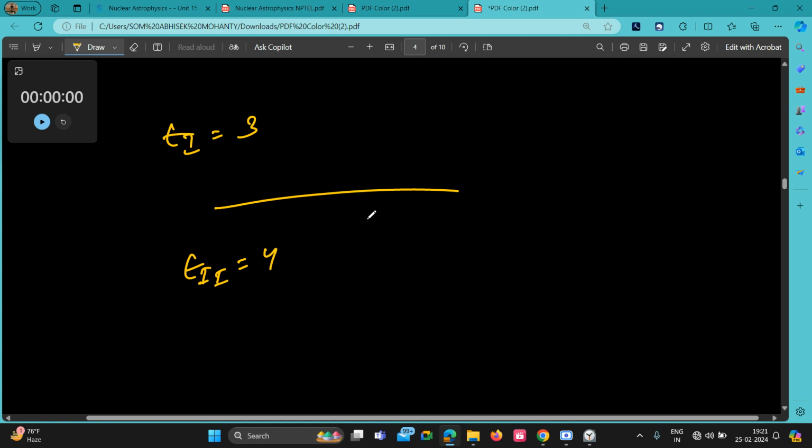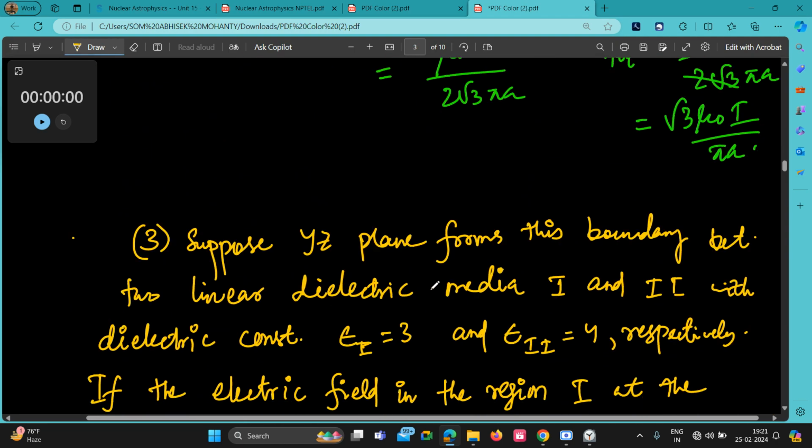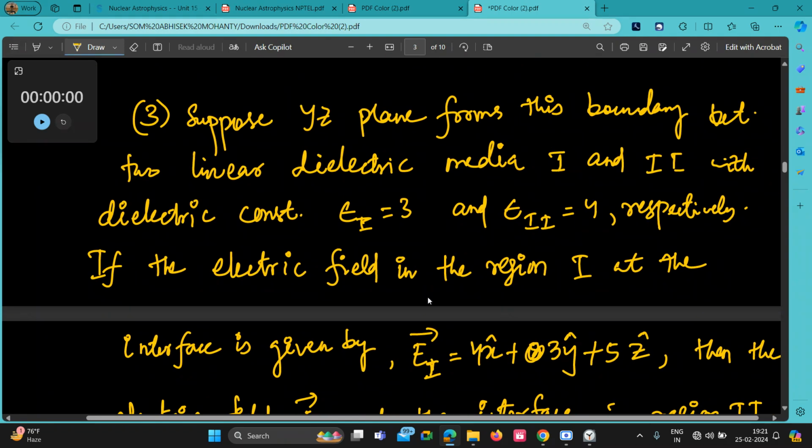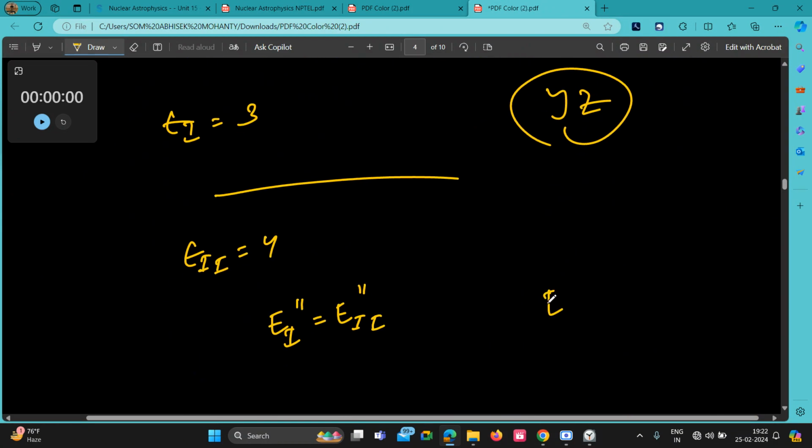In this kind of problem, E parallel is equal to E parallel in the other medium. The parallel components are the same. So for the YZ plane, both of their YZ components will be the same, right? The YZ component of E1 is 3y cap plus 5z cap, so for E2 it is also 3y cap plus 5z cap. That will be the same.